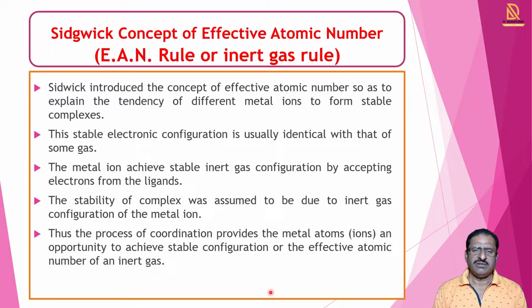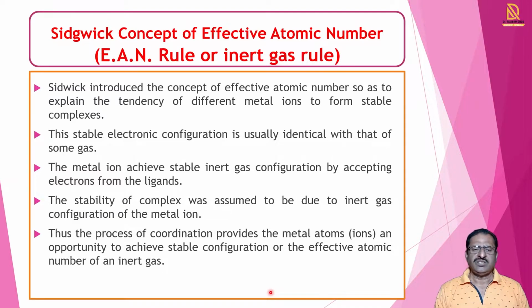Simply, he explained that a coordinate complex contains metal and ligand, and the total number of electrons with all constituents is equal to the inert gas. When that is equal to the inert gas, it acquires certain stability, and then the EAN rule is obeyed.